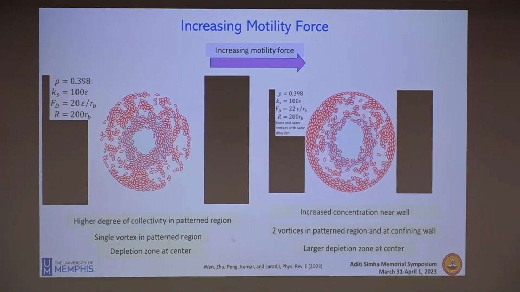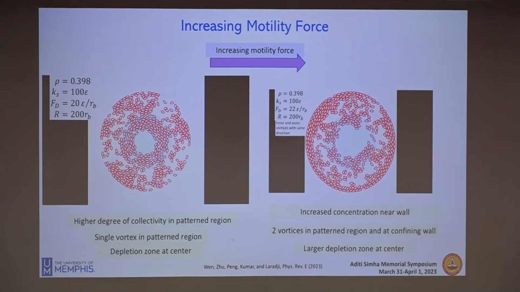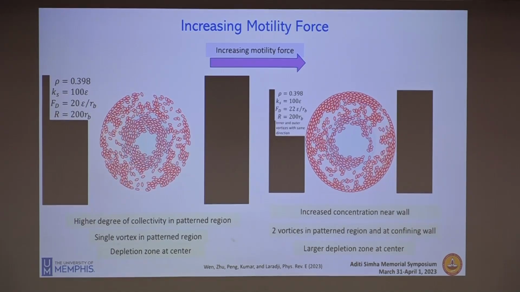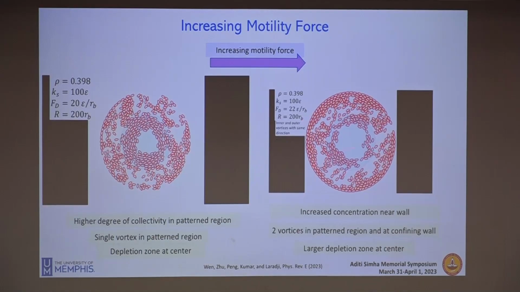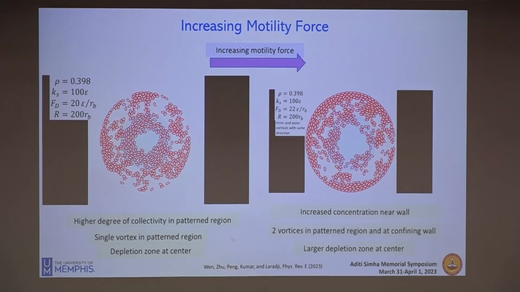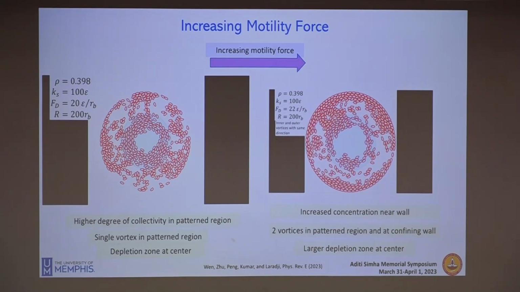And one sees that, first of all, there is this interesting depletion that appears in the middle of the system. So the particles avoid going to the very center of the system. The size of the depletion region decreases with the increase of driving force. And of course, there is a higher accumulation of particles at the outer boundary of the system.